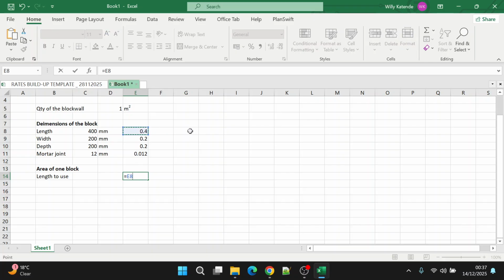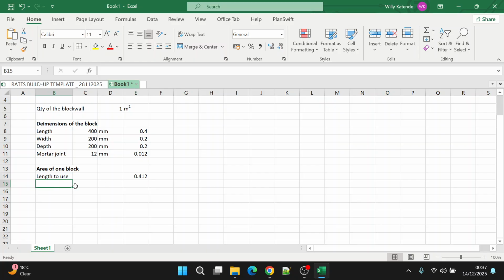So what we do, we shall get this length. We add half a mortar joint on each side, so that will be 0.012 and then, let me just do it for you here very well.